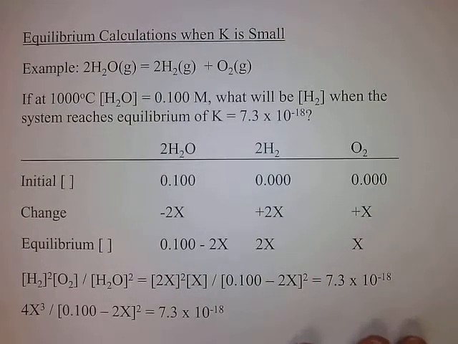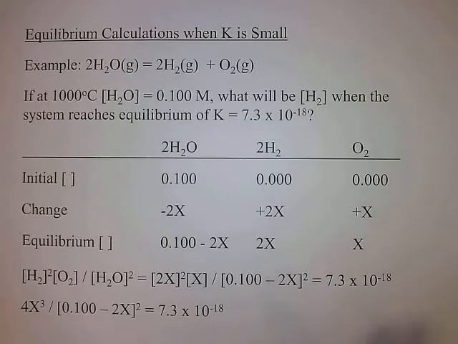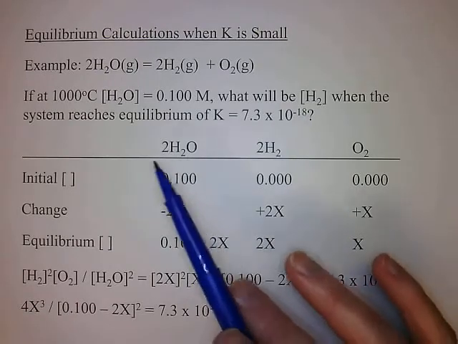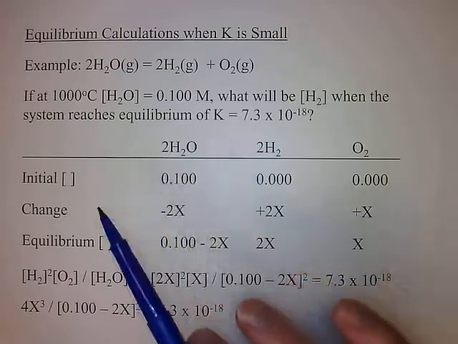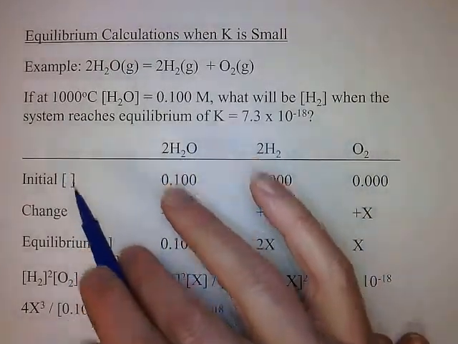So we're going to set up our ICE table, initial, change, and equilibrium. So we're starting with 1/10 of a mole of water. We'll assume it's in a 1 liter vessel, so the moles become the concentration.